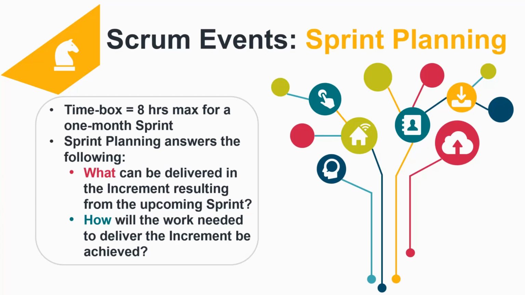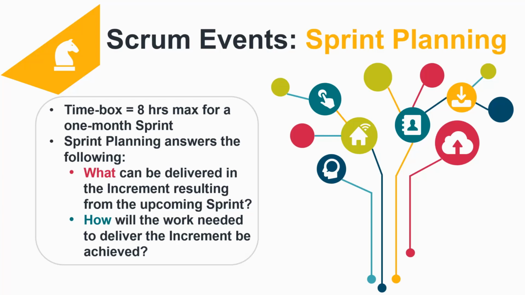Scrum Master ensures that the event takes place and the attendants understand its purpose. Product Owner states the sprint goal according to priorities. Also, Product Owner attends sprint planning to clarify the requirements if needed and answer the team's questions.